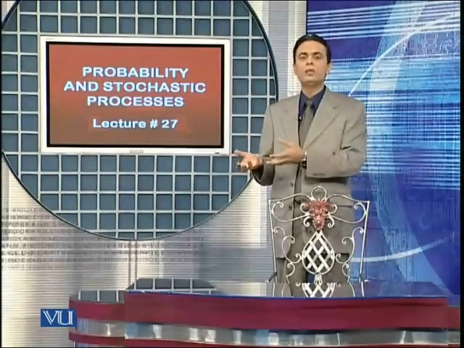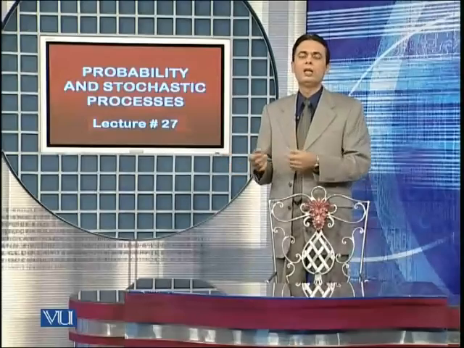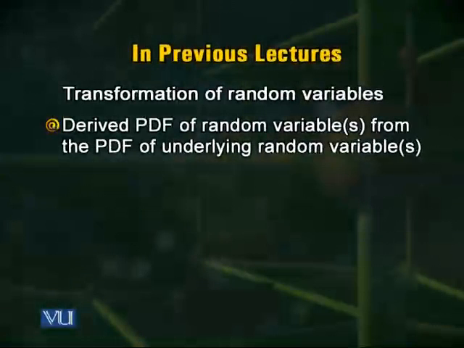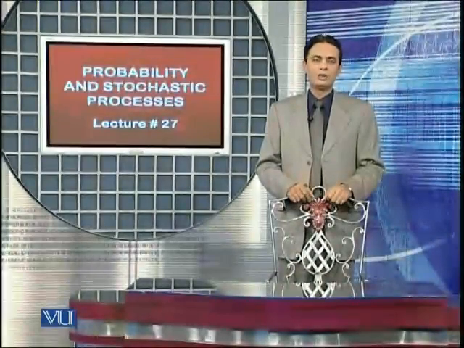The modified quantity is also unpredictable and we call it a derived random variable. So from an underlying random variable which is directly observable, we work with a new random variable which we call a derived random variable.